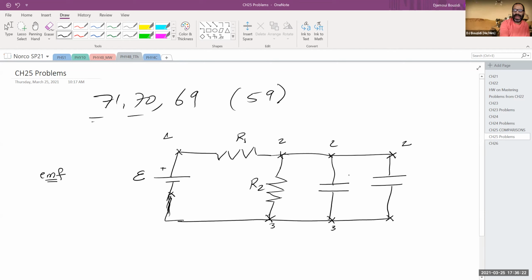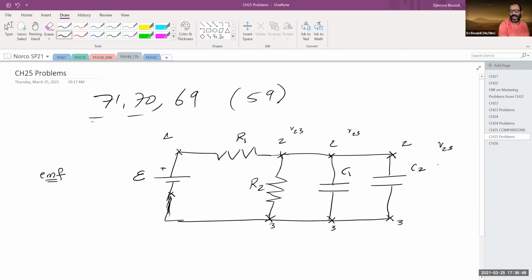Therefore, since this capacitor C1 and this capacitor C2 are sitting between the same two points in the voltage, this has a V23 voltage, that too has a V23 voltage, that too has a V23 voltage. Same voltage means it's parallel.